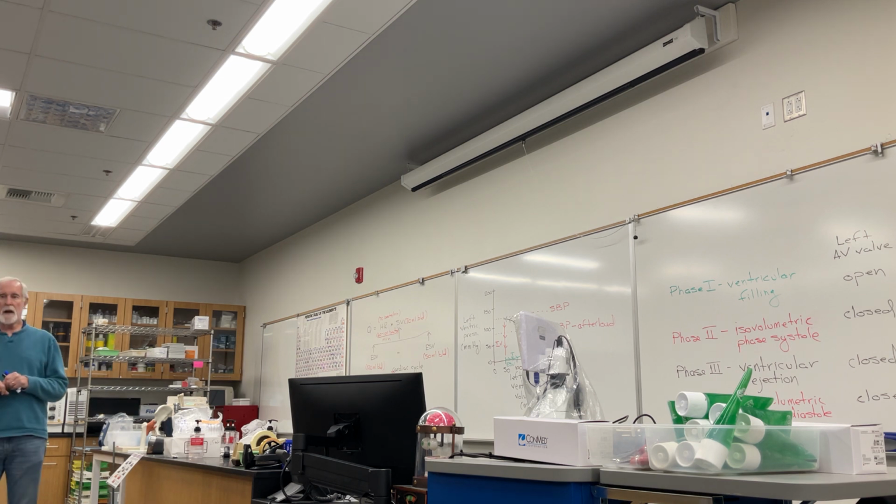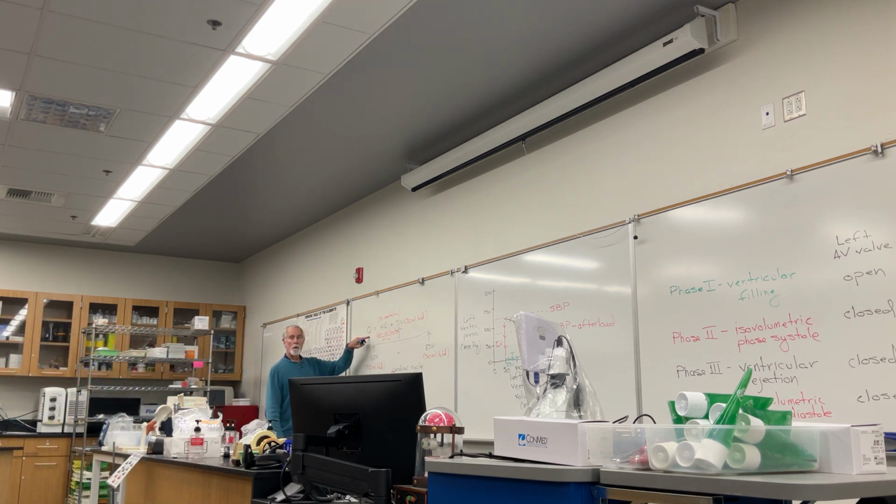You said 4,900 milliliters of blood per minute, right? Yes, sir. I like the way you said it. So our textbook value for cardiac output is 5 liters per minute.